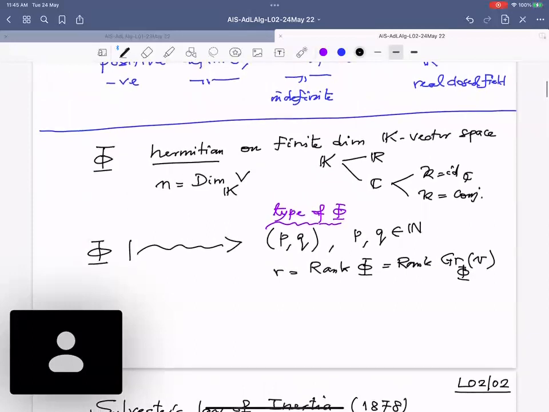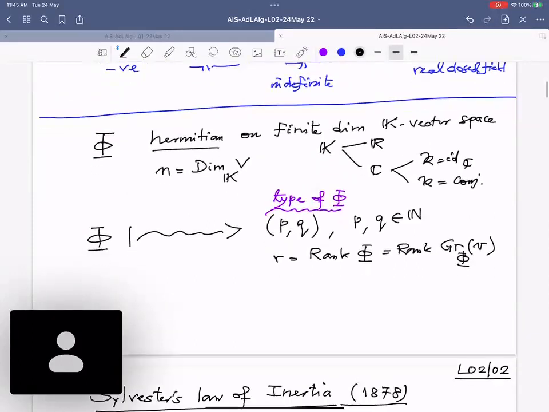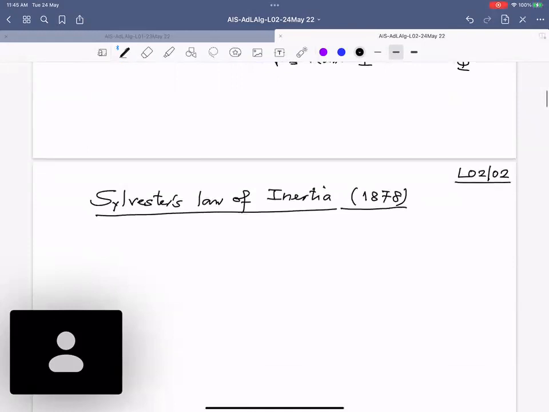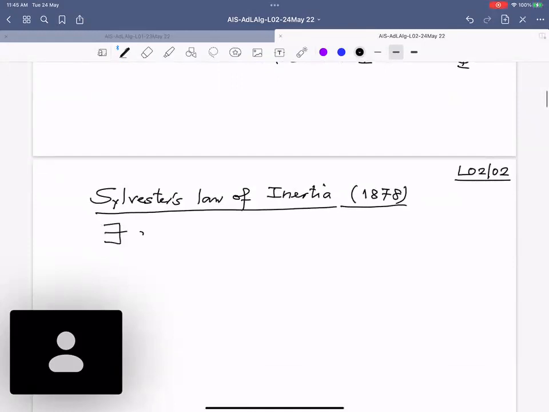Given a Hermitian form phi on a finite dimensional K vector space V, there exists a basis, let me call it X, meaning x1 to xn of V, such that it is of course orthogonal. And whenever I use the word orthogonal, that is with respect to the given form.